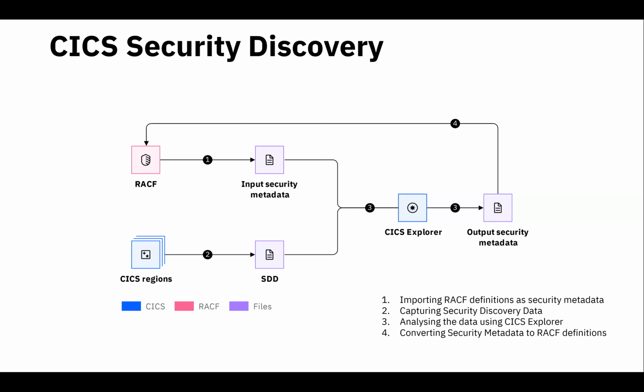Then finally, the data is output into new RACF classes, which you can then use on your CICS regions to switch on the security. They should be fairly correct out of the box, but we'd recommend some sort of warning mode on there so that you can get them right over a short period of time.